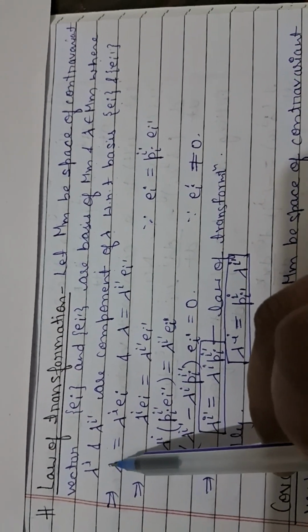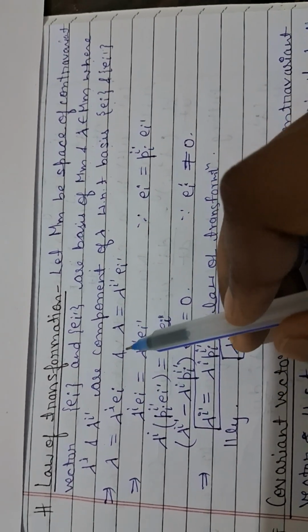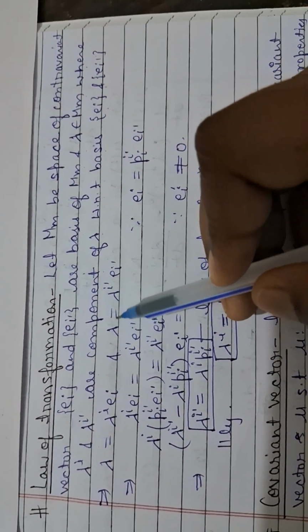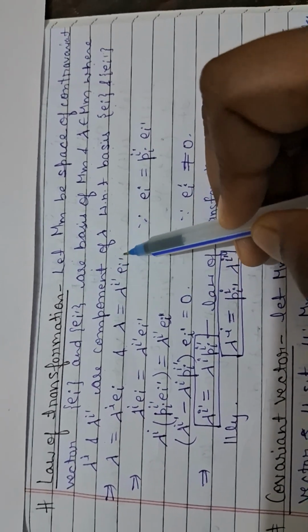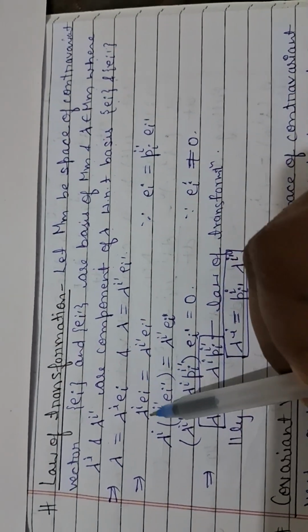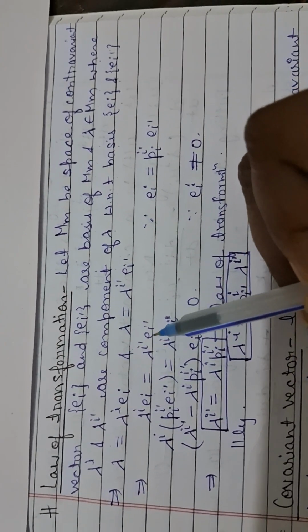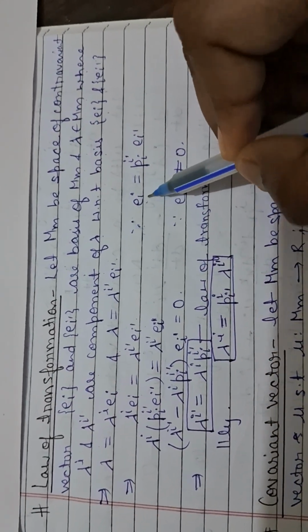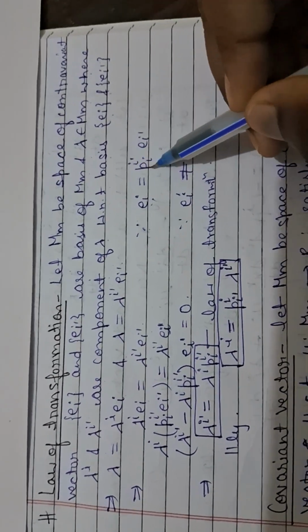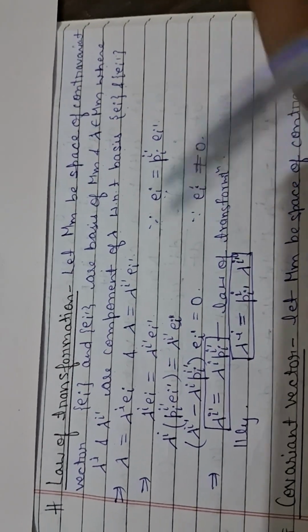This implies lambda is equal to lambda^i e_i and lambda is also equal to lambda^i' e_i'. This implies lambda^i e_i is equal to lambda^i' e_i', because e_i is equal to p_i^i' e_i'.